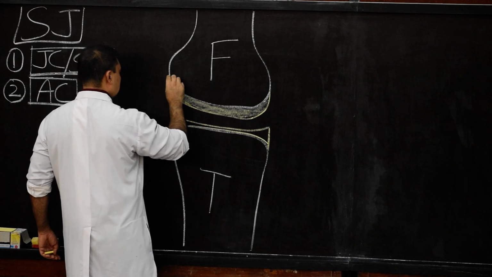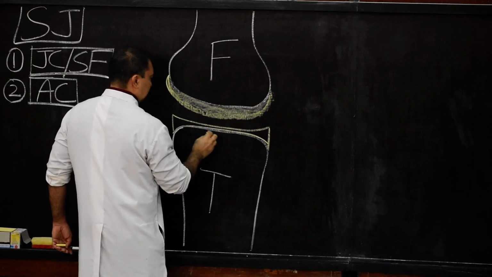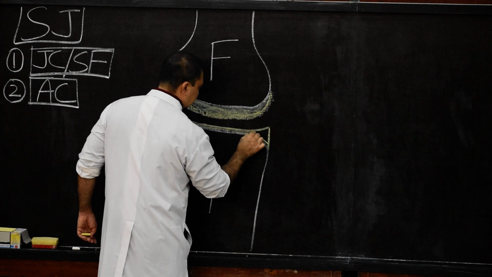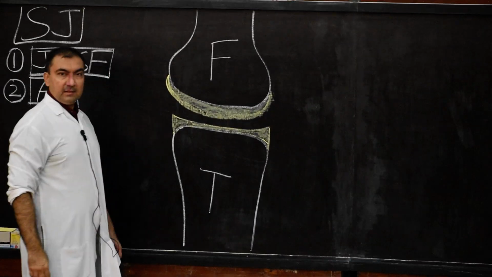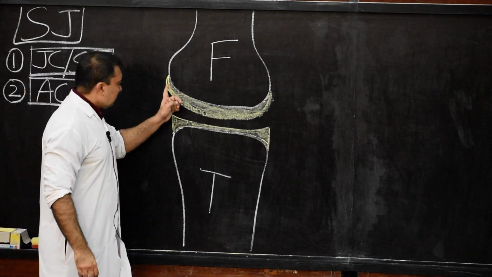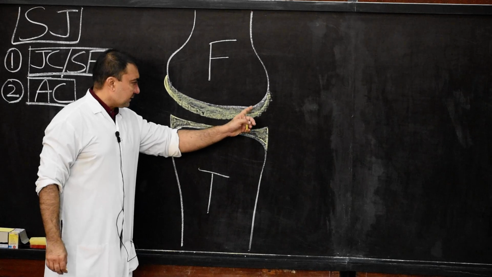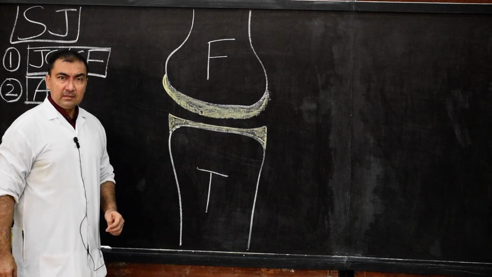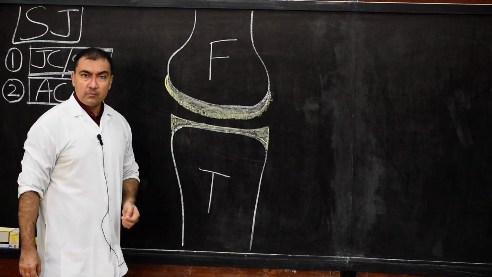This is the articular cartilage on one side, and this is the articular cartilage on the opposite side. Note that the articular cartilage on the lower end of the femur is convex, and similarly, the articular cartilage here is concave.